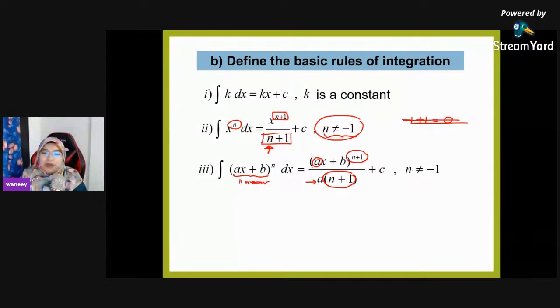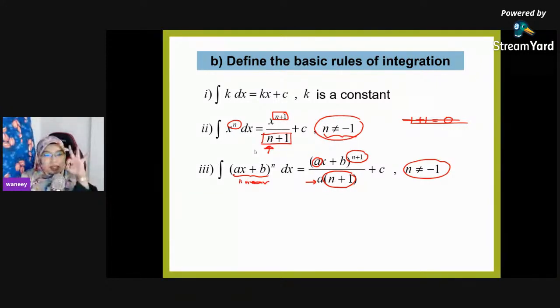Again, we do have one restriction for the power. n shouldn't be equal to negative 1. Otherwise, again, we will have 0 in our denominator and everything will be undefined. So again, I repeat, this formula is only for a linear function. If you don't have a linear function, we are going to use some technique for it.